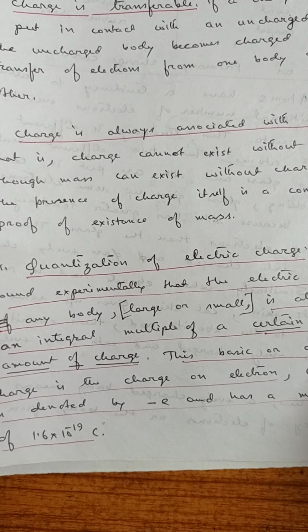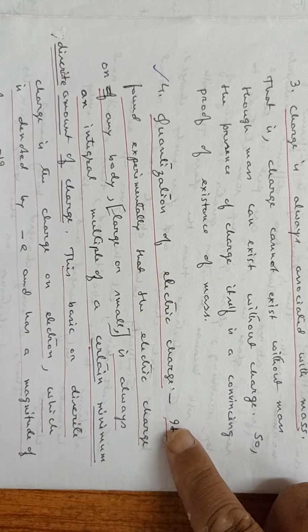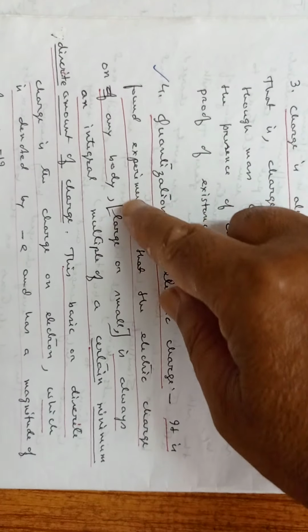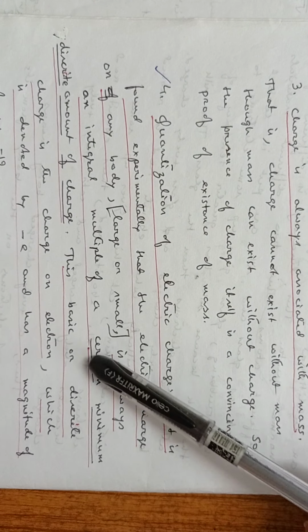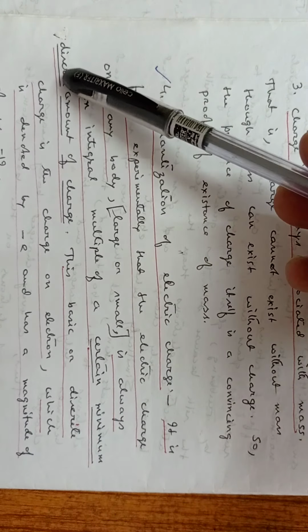The next property is a very important property. It is called quantization of electric charge. It is found experimentally that the electric charge on any body is always an integral multiple of a certain minimum discrete amount of charge.